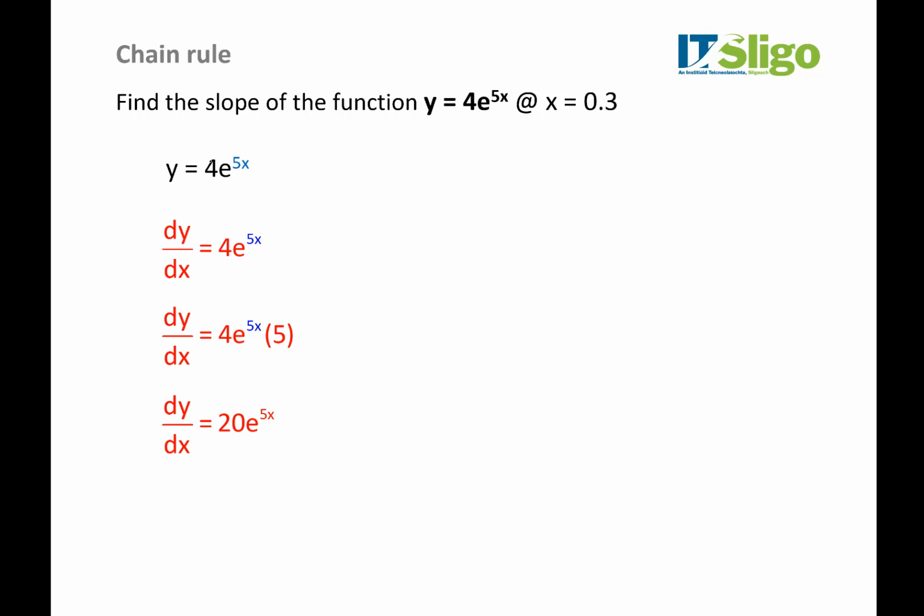So now we're interested in the slope function, remember? So we just feed in x is equal to 0.3 into this. And then just get your calculator and we can then work out the slope at that particular point.